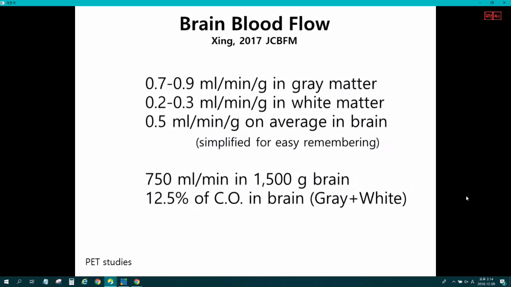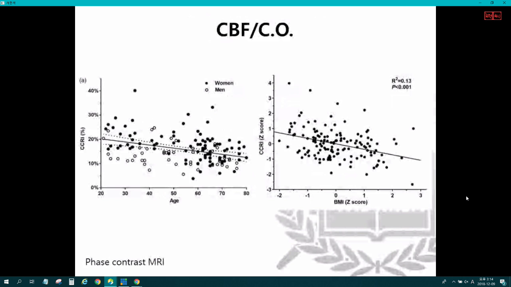Okay. Finally, in 2017, just last year, they published a study using phase contrast MRI. The cardiac output was measured using the 2 carotid arteries and 2 vertebral arteries.